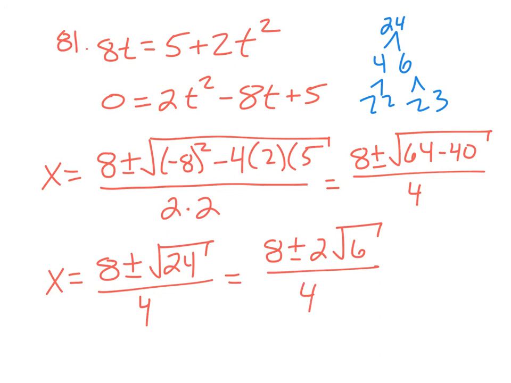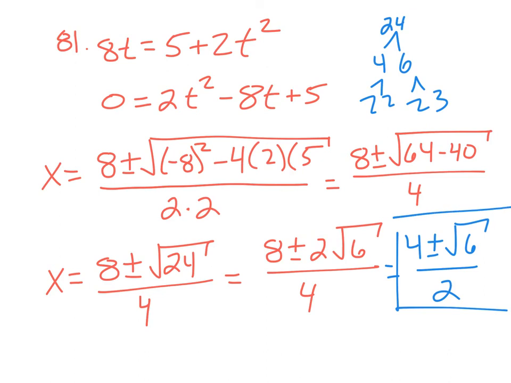And since this number and this number and this number all can be divided by 2, you can do that also. So then the final answer will be 4 plus or minus the square root of 6, over 2. And then you can leave it that way. You don't have to separate them.